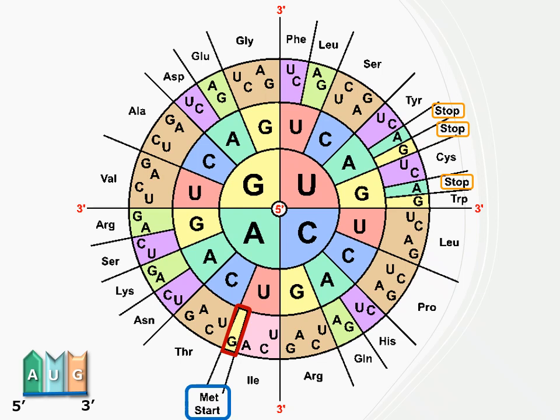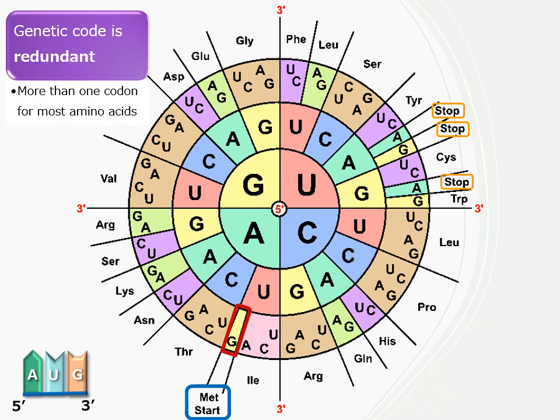There are a couple of key points that we can note about the genetic code here. First, we can say that the genetic code is redundant. We have a look at this section here. We can see that a codon of CC anything will specify the amino acid proline.